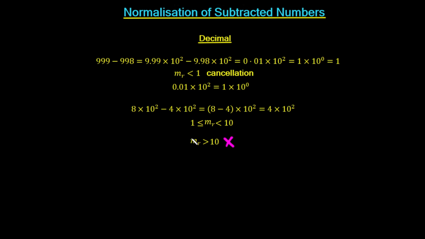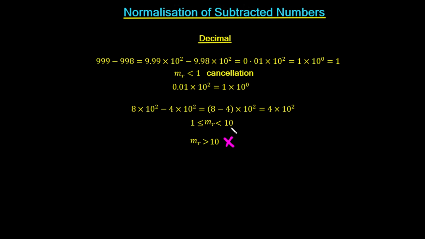Now what about the option where the result is greater than 10 whenever we do subtraction? Well, we can see that that is never going to happen. And it's never going to happen because the numbers which we will receive into our floating point unit will already have been normalised. So they'll always be in the range of greater than or equal to 1 and less than 10.